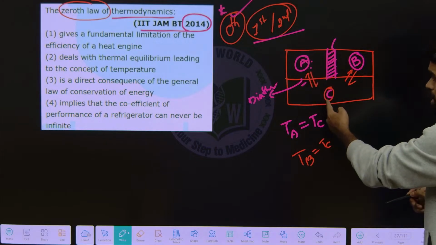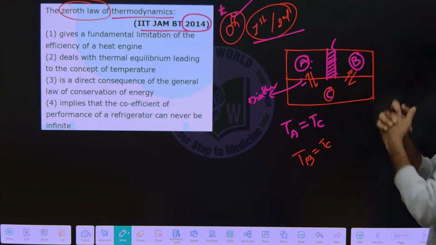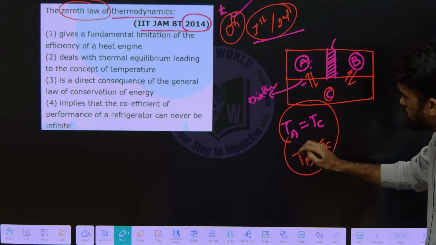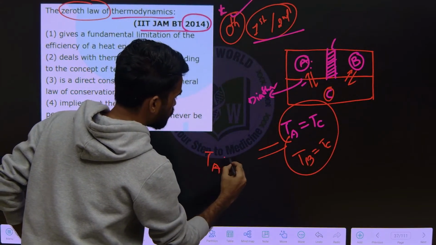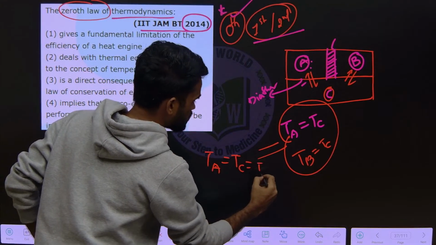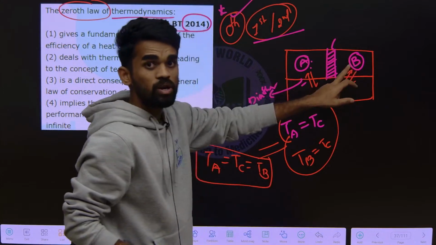If these 2 are in thermal equilibrium and these 2 are in thermal equilibrium, then all 3 are in thermal equilibrium. So TA equals TC, which also equals TB. It means the temperatures of all 3 systems will be in equilibrium.